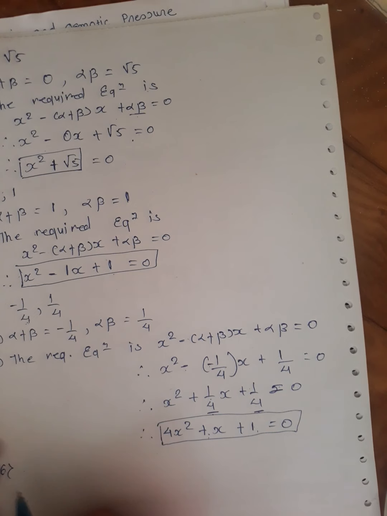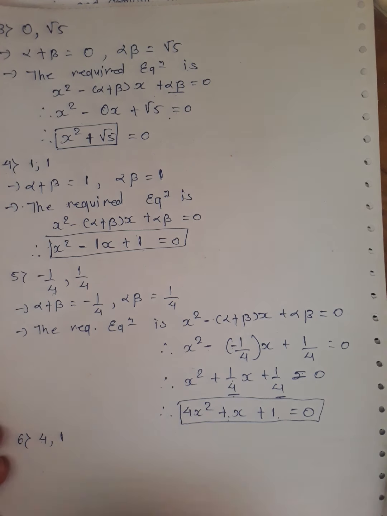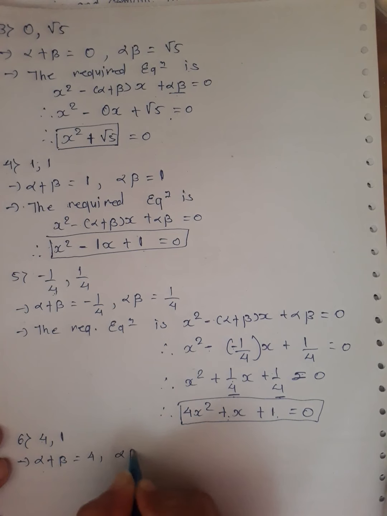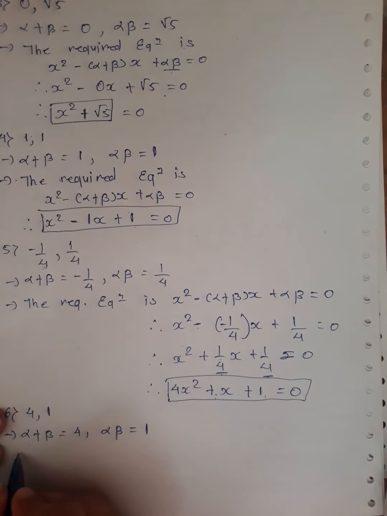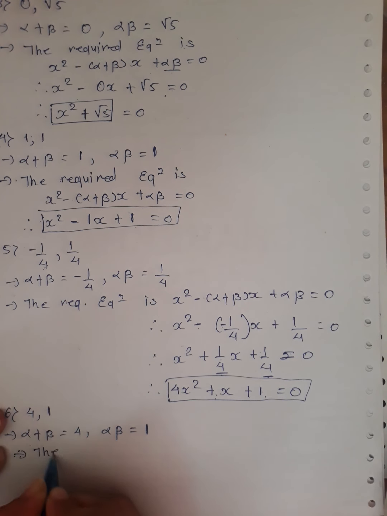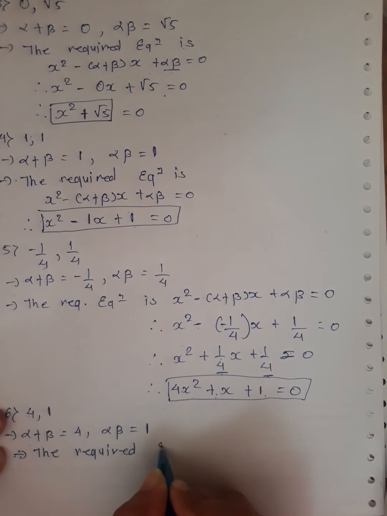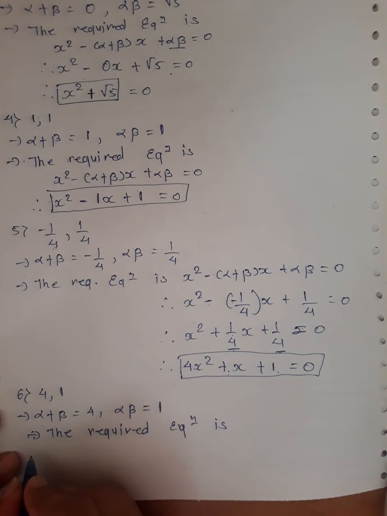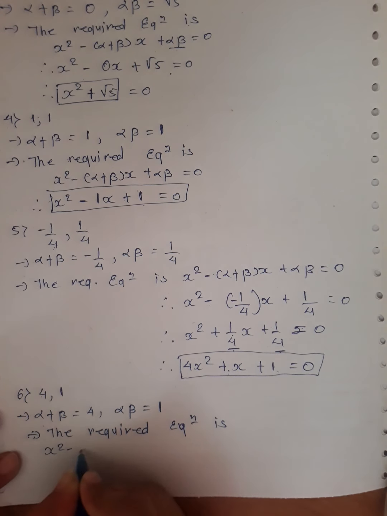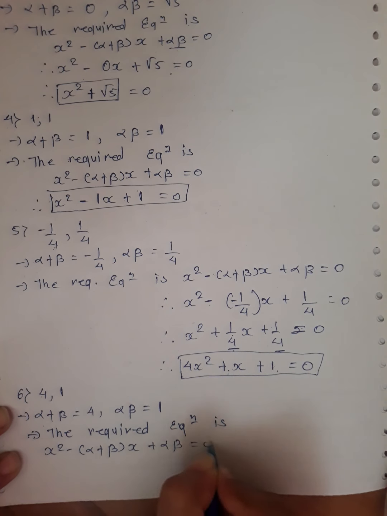Sixth one, check out 4 and 1. The sixth is 4 and 1. It is very simple. The sum of the zeros is given to you as 4 and the product of the zeros is given to you as 1. So what is our required equation? Therefore, the required equation is x square minus (alpha plus beta) into x plus alpha beta is equal to 0.